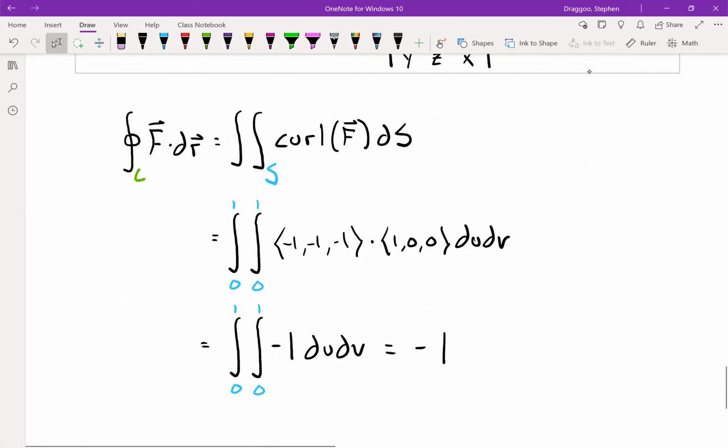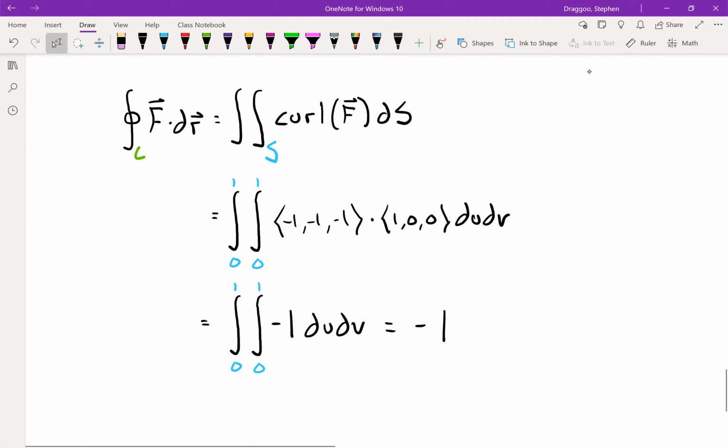Finally, to just do the math, we want the line integral of f dot dr over the boundary curve, which is c, the part that was in green, and we're going to relate that to the surface integral over the surface, which is s, that's in blue, of the curl of f dS. So we'll just bring all that stuff in.